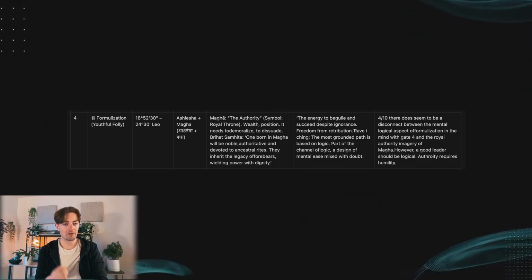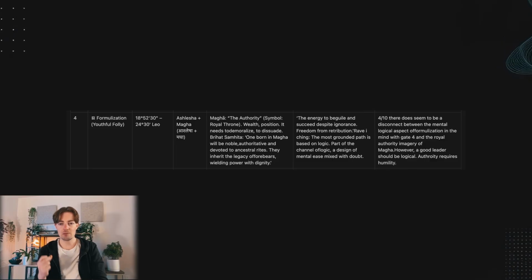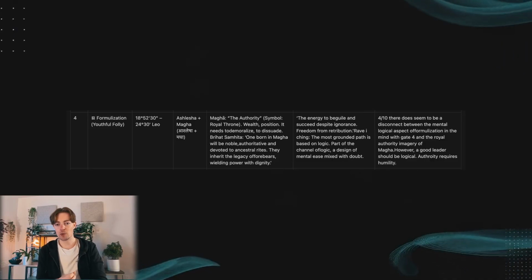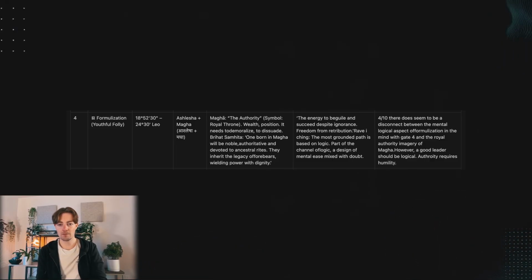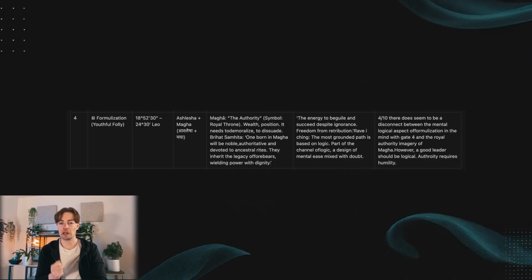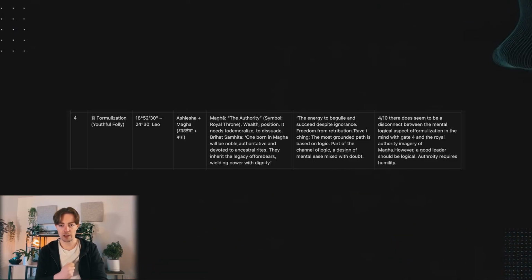For the notes that I have for the gate of formalization, youthful folly, is the energy to beguile and succeed despite ignorance, freedom from retribution. From the Ra Uru Hu directly, the most grounded path is based on logic, part of the channel of logic, a design of mental ease mixed with doubt. Again, not a great connection here.